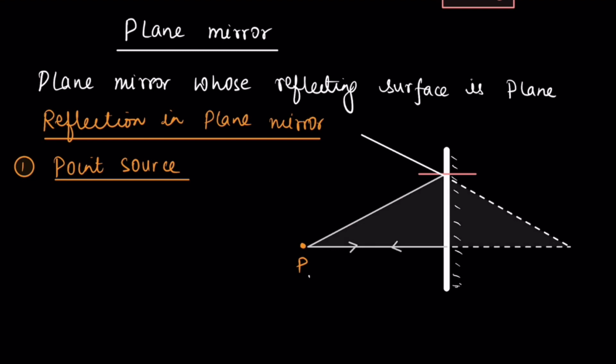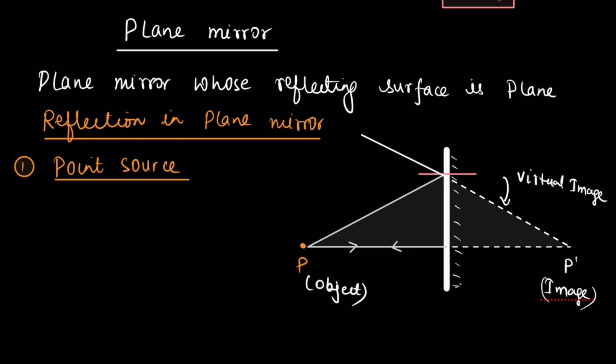So this is the object and here is the image. The dotted line represents a virtual image. It means it's not possible that the ray will pass inside the mirror. That's why we have to represent it with a dotted line.